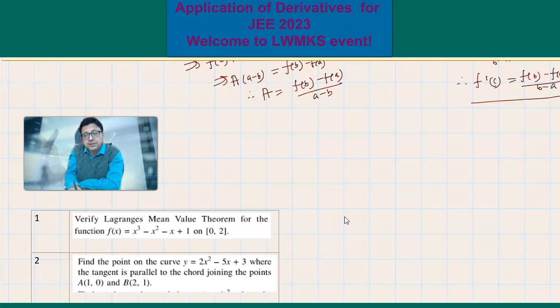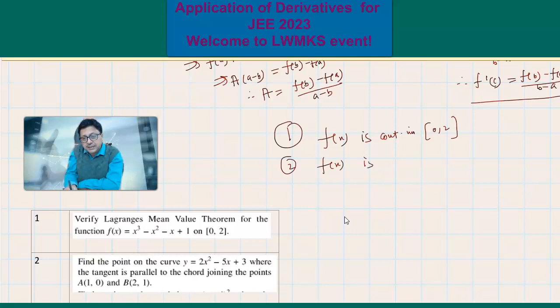So for this function f(x), you can all see this is a polynomial function. Solving: number 1, f(x) is continuous in [0, 2], and number 2, f(x) is differentiable, because it is a polynomial function.